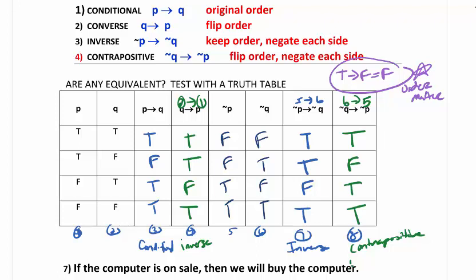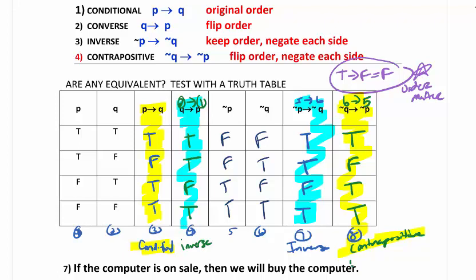So now we want to look at which ones match. With my original, which is my conditional, that matches the last one, which is my contrapositive. My inverse matches my, and I'm sorry, I did actually write something wrong there.